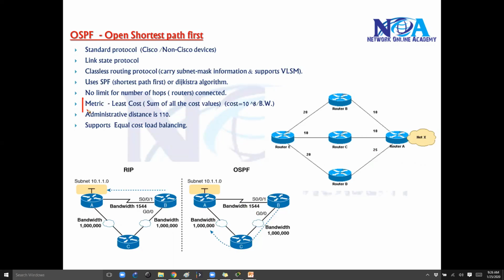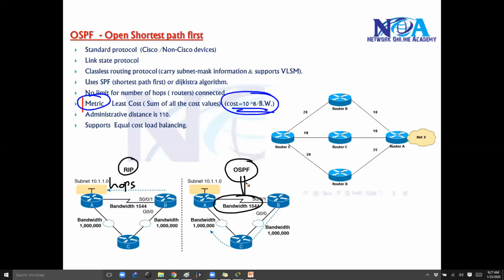We'll talk about this calculation more in the OSPF metric topic later on. Metric means what it looks at to figure out the best route: RIP looks at the number of hops, whereas OSPF looks at the bandwidth along that path.